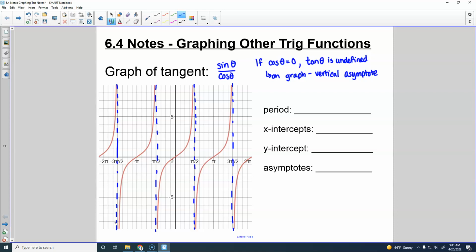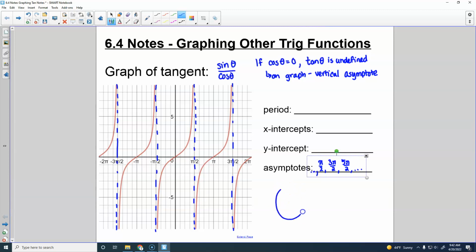Those vertical asymptotes would keep repeating over and over. So it'd be pi over 2, 3 pi over 2, 5 pi over 2, 7 pi over 2, 9 pi over 2. So if we list those, I'm just going to list it like this. Pi over 2, 3 pi over 2, 5 pi over 2, dot, dot, dot. They'd keep on forever. I guess I should probably start it with a dot, dot, dot there, because in either direction, positive or negative. And these are all the places where cosine is 0 on the unit circle.